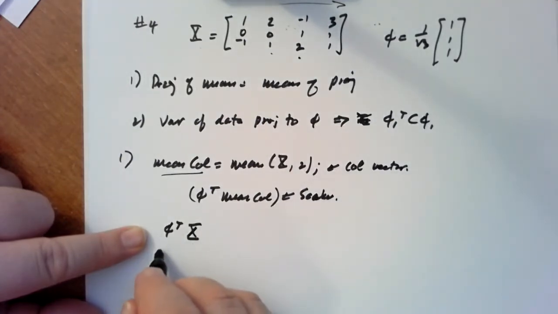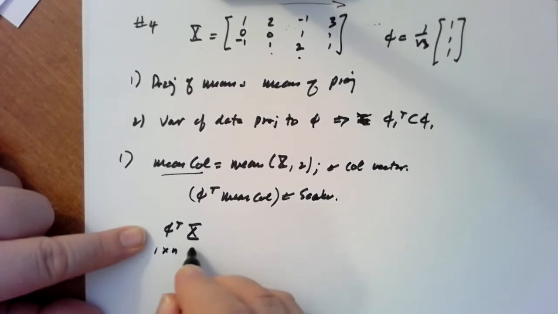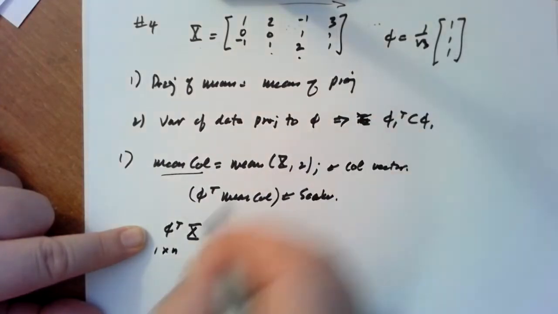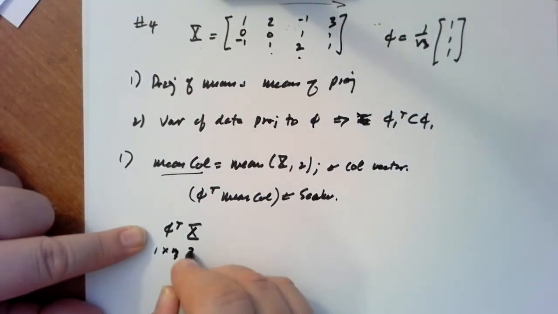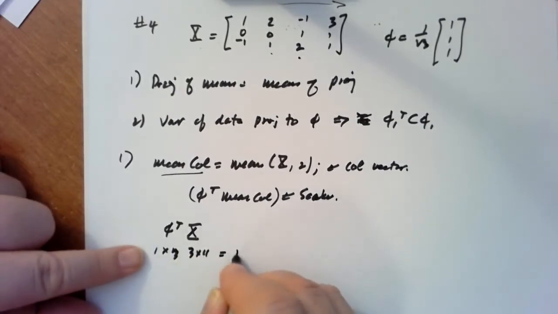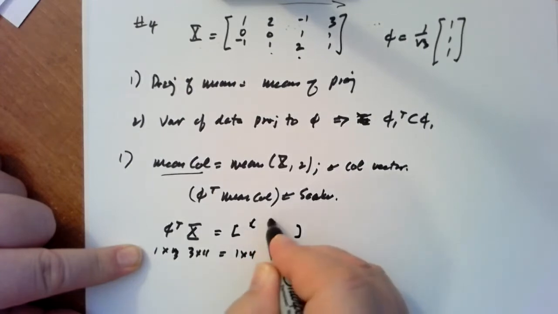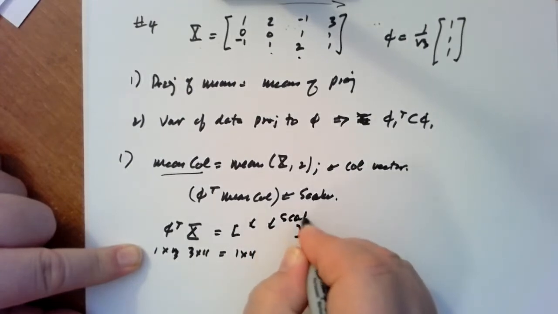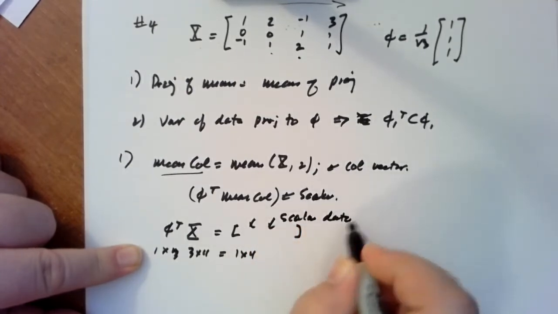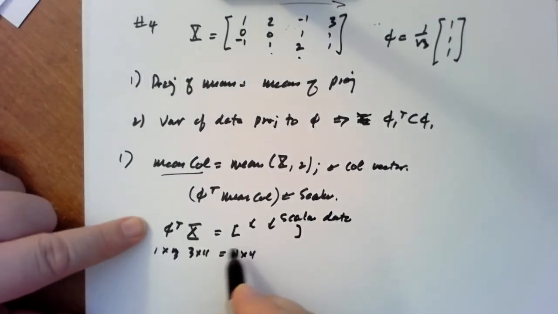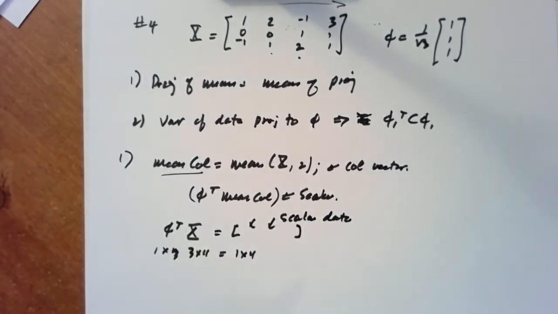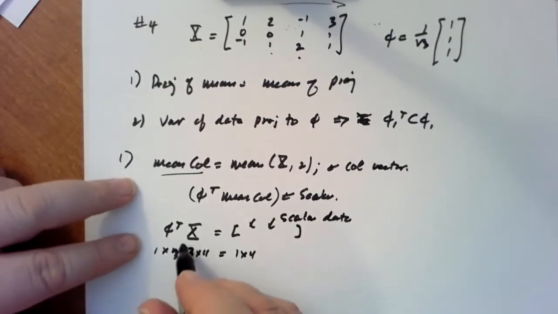Just to double check, that's a 1 by 3 times a 3 by 4. And so what do we get? 1 by 4. That's going to be our scalar data that represents the scalar projection of x onto phi. Then you just take the mean of that.